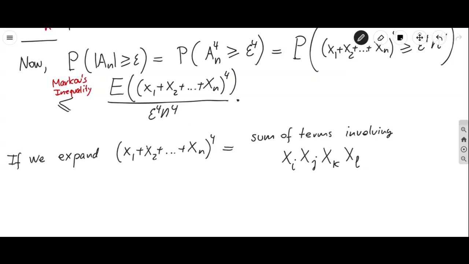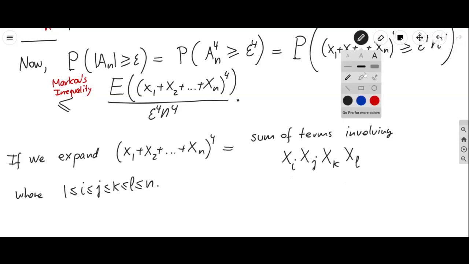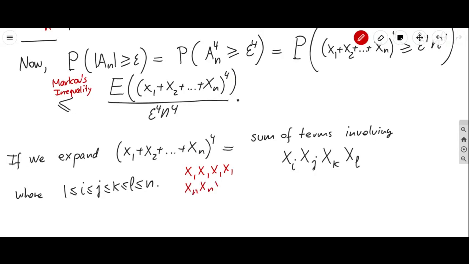Where 1 is less than or equal to i, less than or equal to j, less than or equal to k, less than or equal to l, less than or equal to n. Because you're using 4 of them, you could have, for example, X1, X1, X1, X1, so X1 to the 4th. At the other extreme case, you can have Xn, Xn, Xn, Xn. But then you can have X1, X1, X2, X2. We could have X1, X2, X2, X3, and so on. So that's what I mean. There's 4 of them.